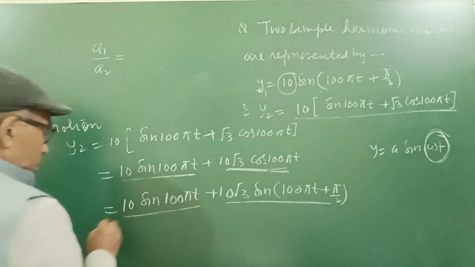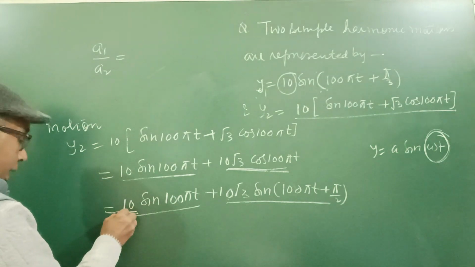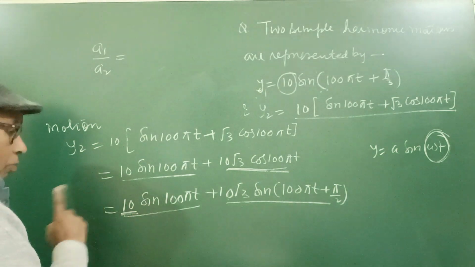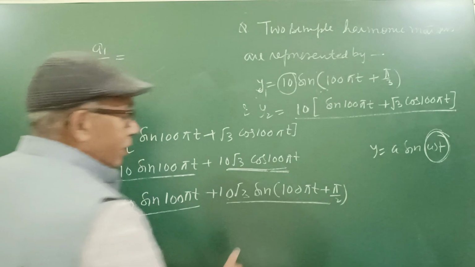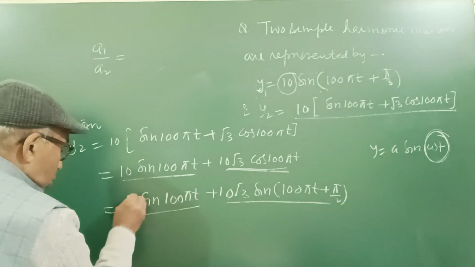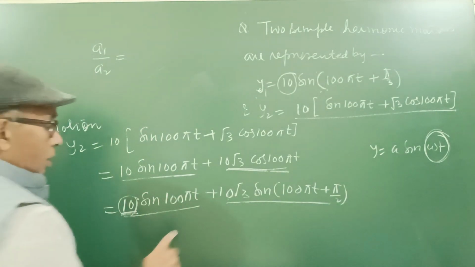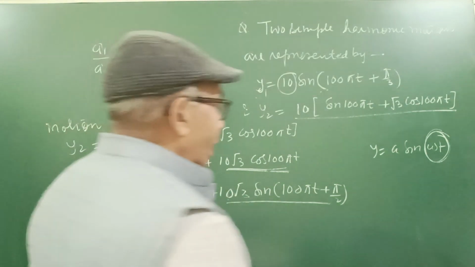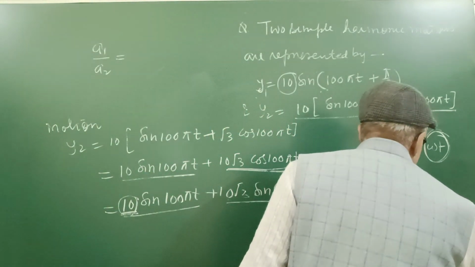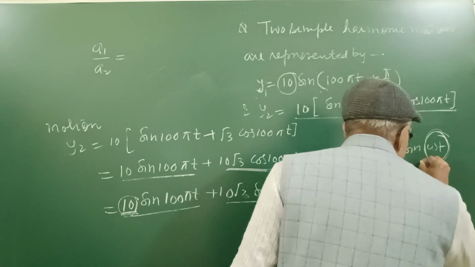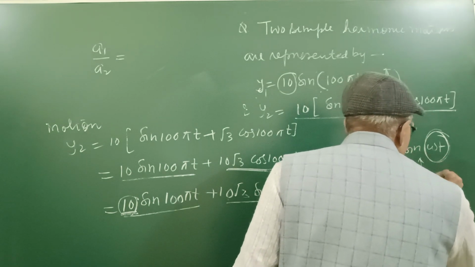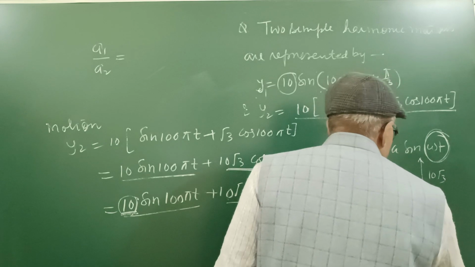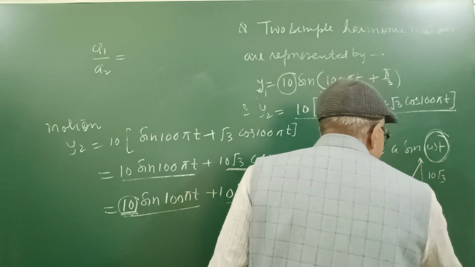So the amplitude has a direction, one is at 90 degrees. This amplitude is 10 and the other is 10 root 3, with an angle of 90 degrees between them, and the resultant will be like this.